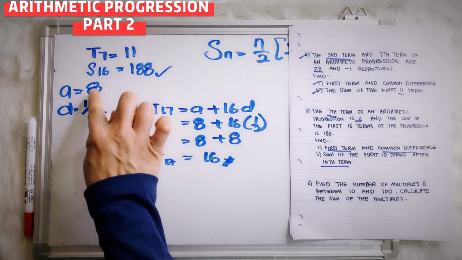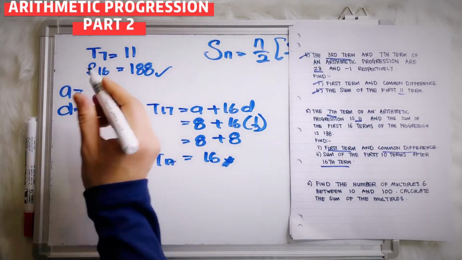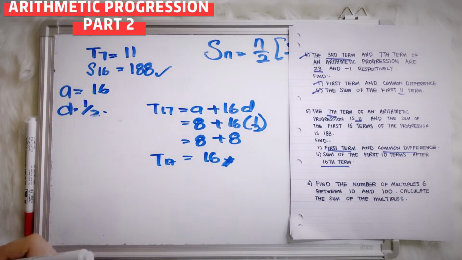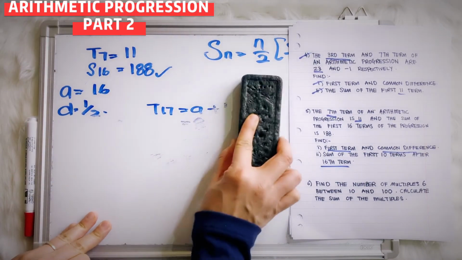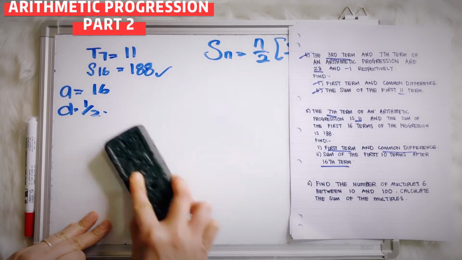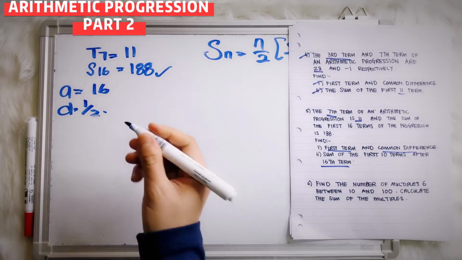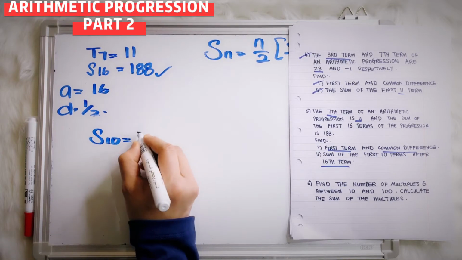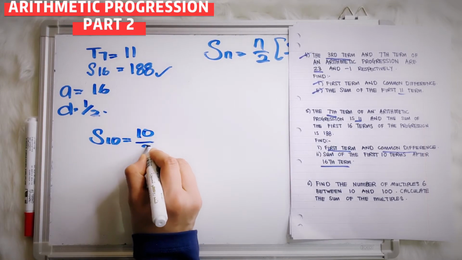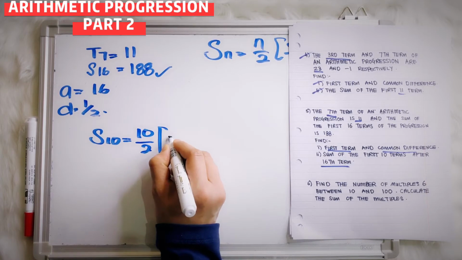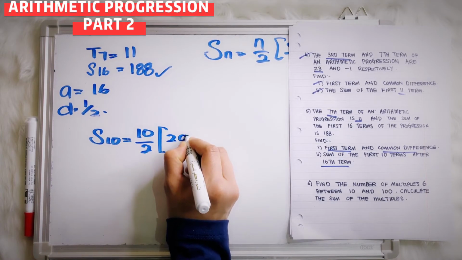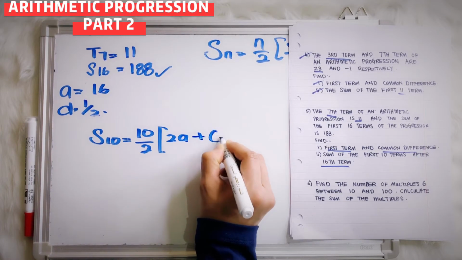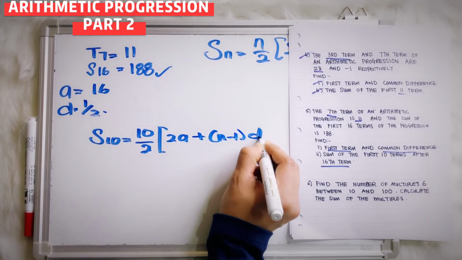You replace here, our a now is 16, because we want to find S10. So 10 over 2, 2a plus n minus 1 d.